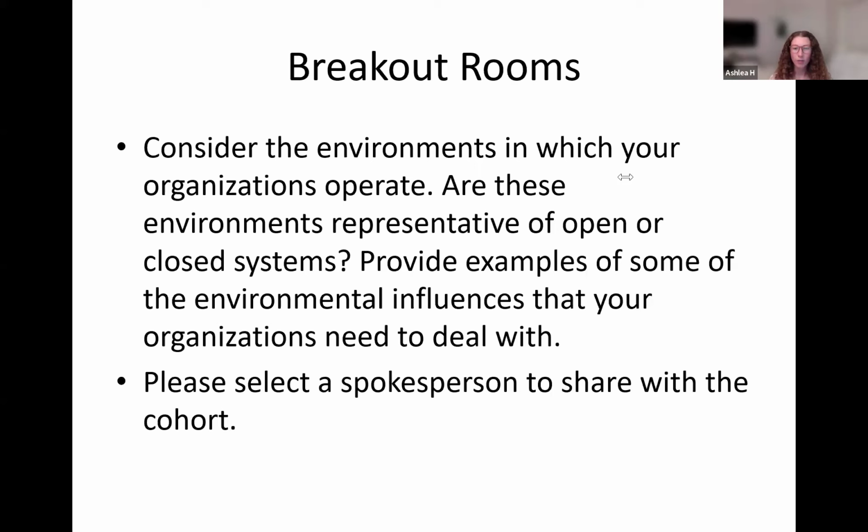And then some examples of the environmental influences would be definitely politics. And that kind of flows into state and federal government politics or even budgets affecting what we are able to do, or how we respond.